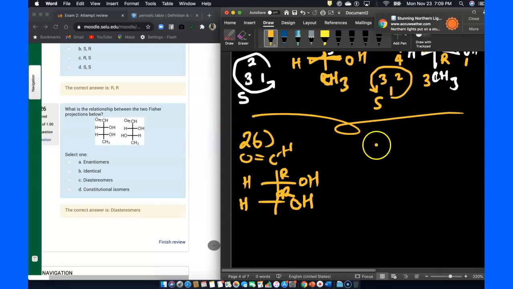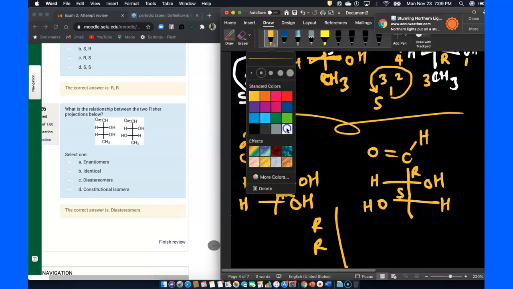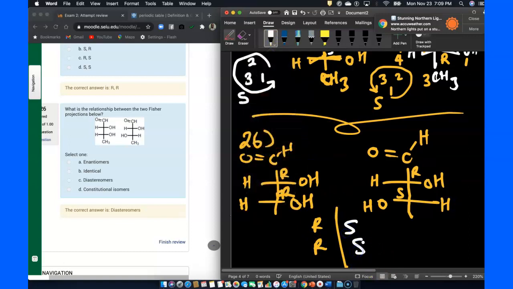So the other molecule will have the top one as R and the bottom one will be an S if you follow the same system. So if you are to compare, you have RR on the left structure and you have RS on the right structure.